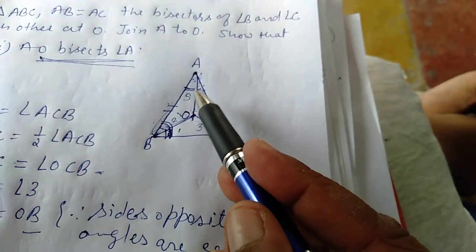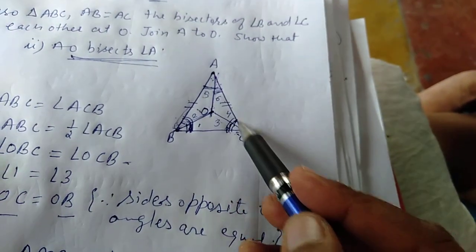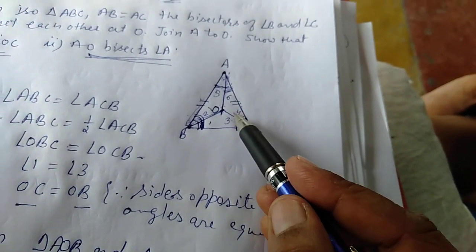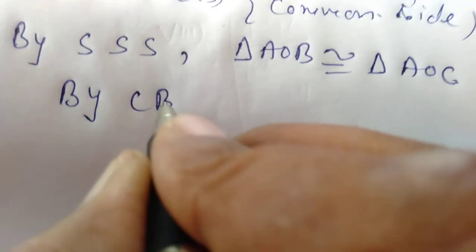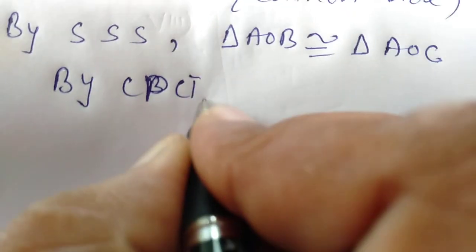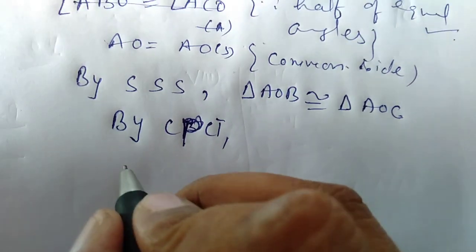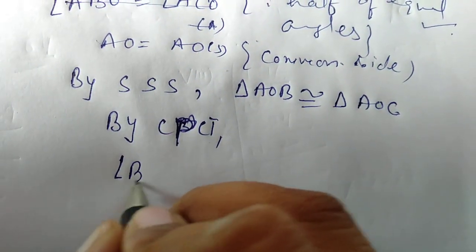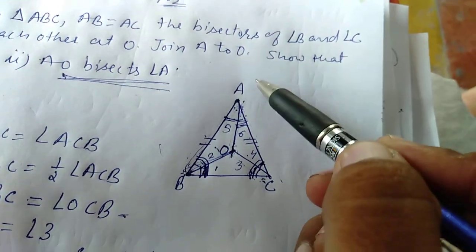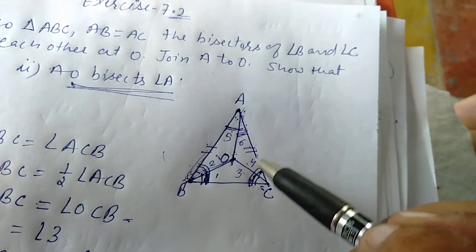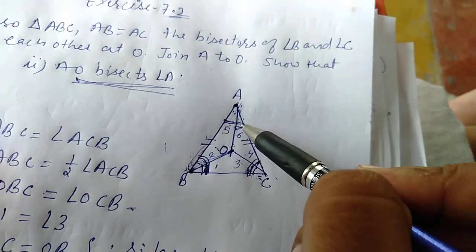Now these two triangles are congruent, right? By SSS criteria. If they are congruent, we can use the CPCT rule. So by CPCT, what is CPCT? This is corresponding parts of congruent triangles. We can say that angle BAO equal to angle CAO, means this angle BAO, this 5, and CAO, this 6 are equal.